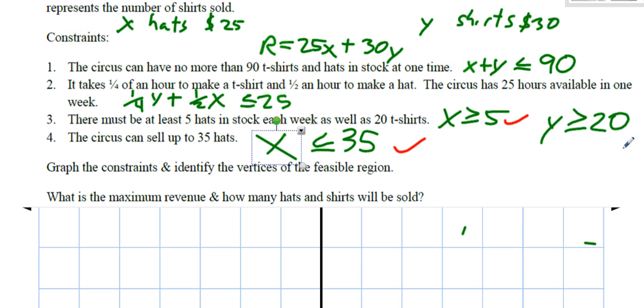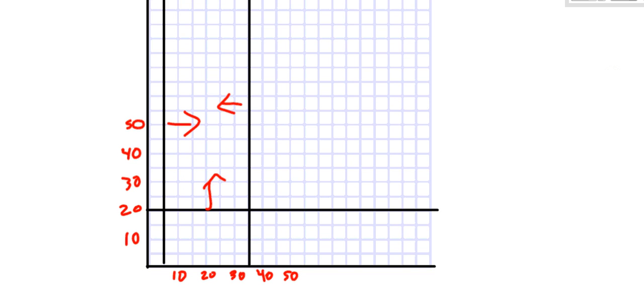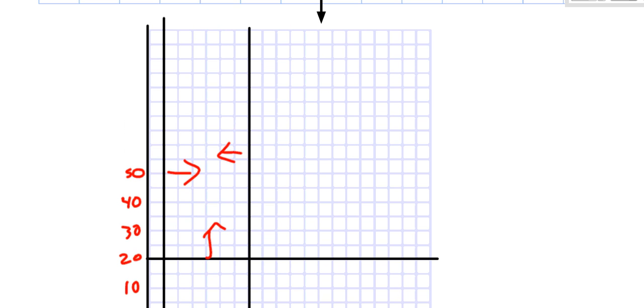We did that one, we did that one, we did that one. X plus y is less than or equal to 90. So count out to 90 on each axis. 60, 70, 80. There's 90. It's going to intercept 90 and 90 up here.